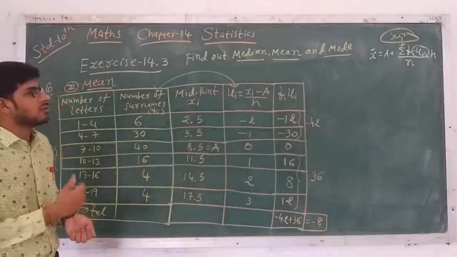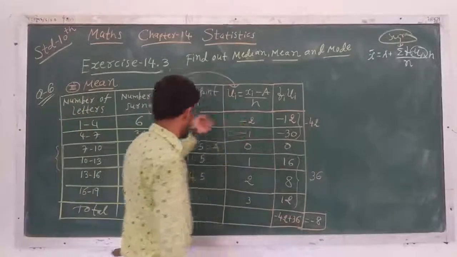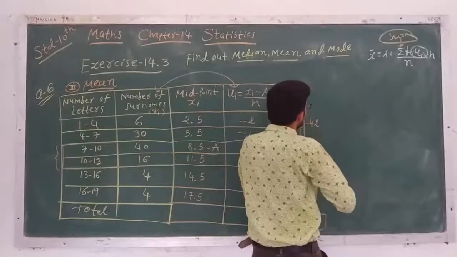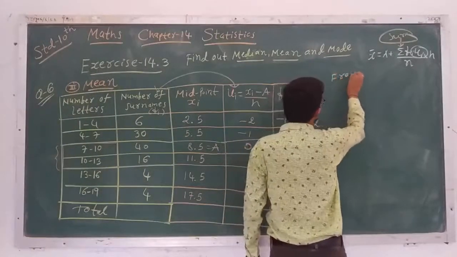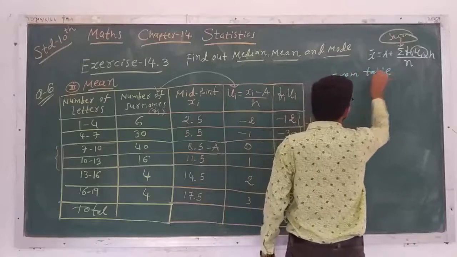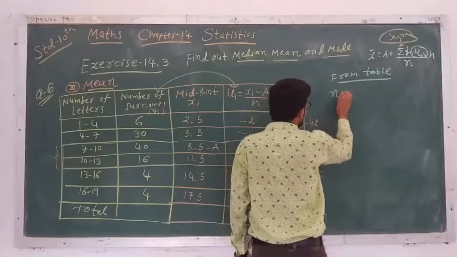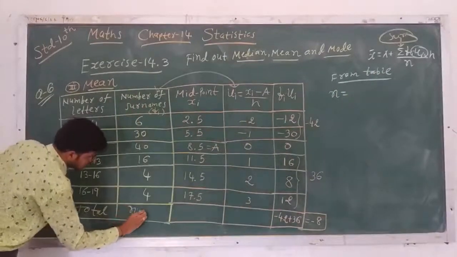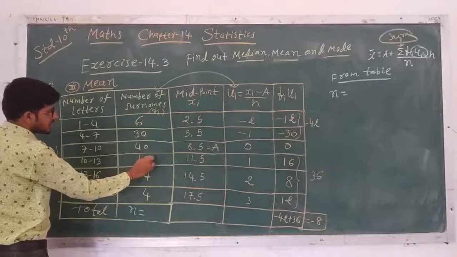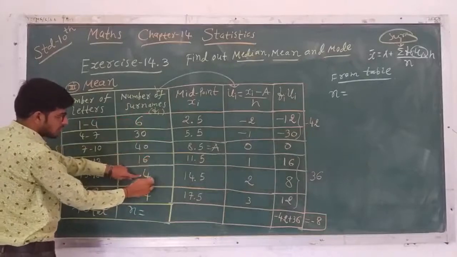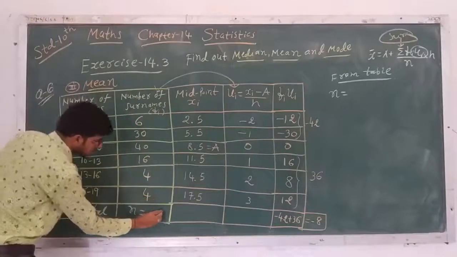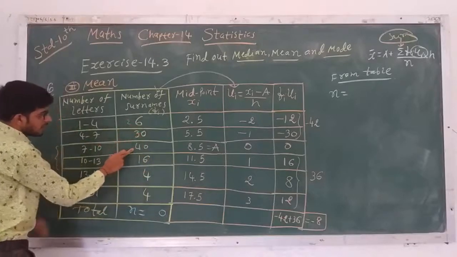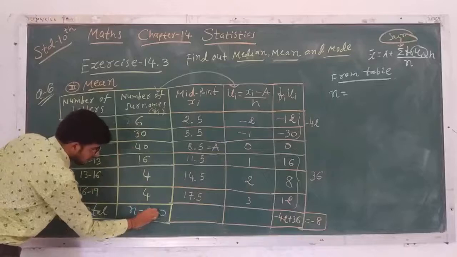Now we list from the table. The value of n: 6 plus 6 is 12, 12 plus 4 is 16, 16 plus 4 is 20, and so on, so the value of n is 100.